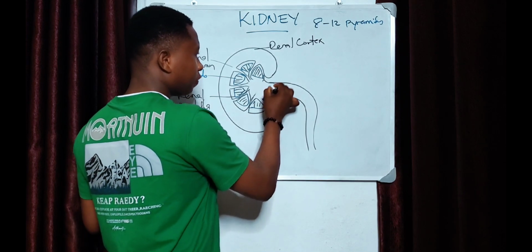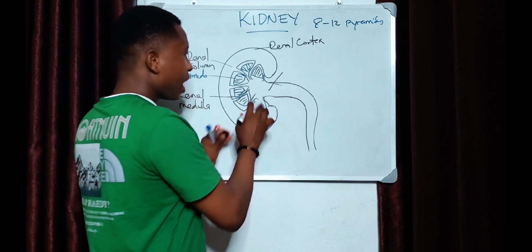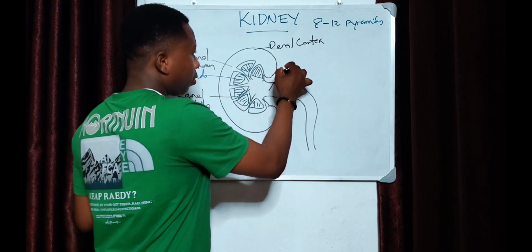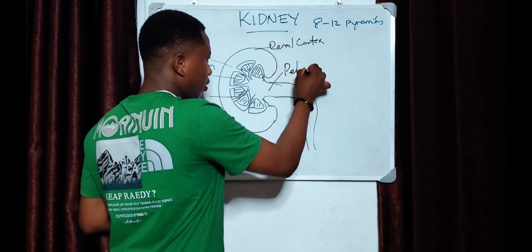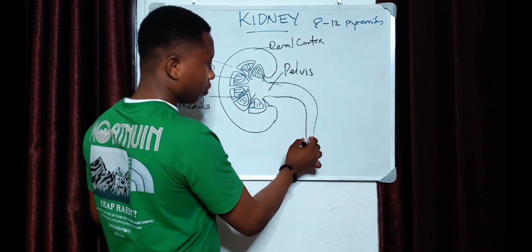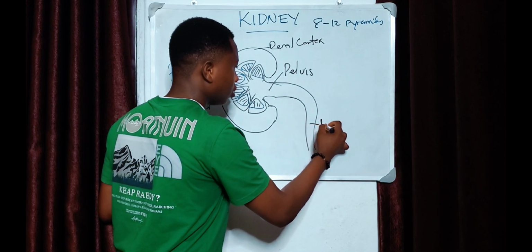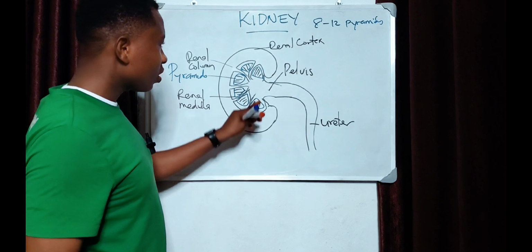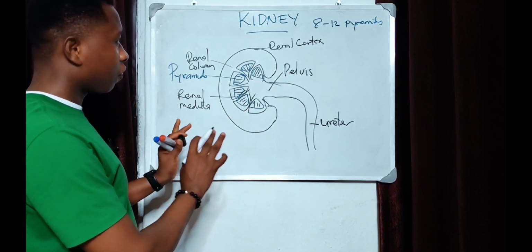Now, this particular place where it's all opened up to is called the pelvis. Then, when you come down, you have the ureter. Okay, so this is just the anatomy of the kidney.